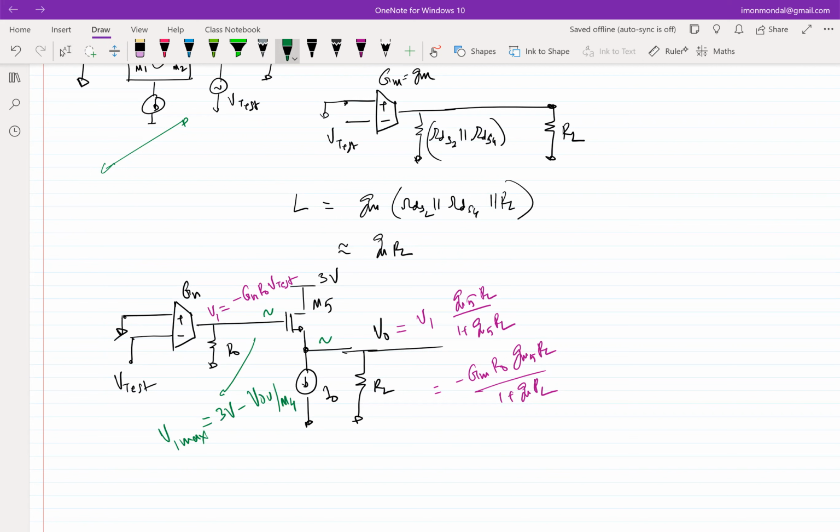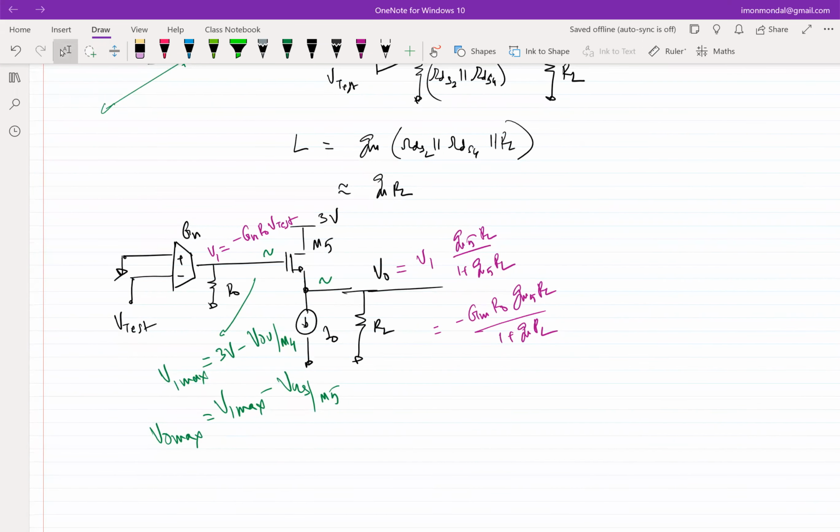So if that is the maximum V1 can go, what is the maximum at which V0 can go? So this will naturally be V1 max minus the VGS of M5, because you have biased M5 for a certain current I0.